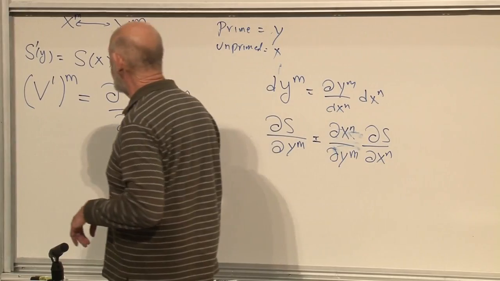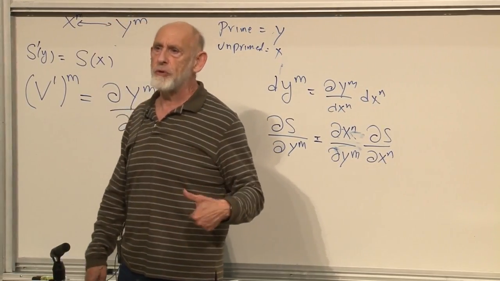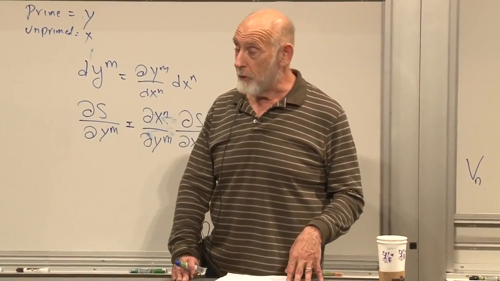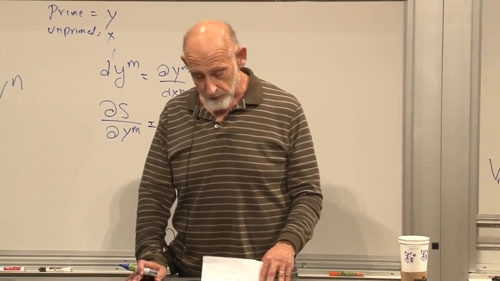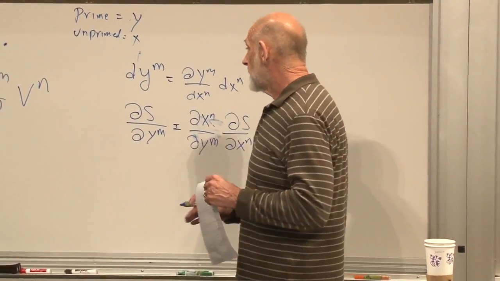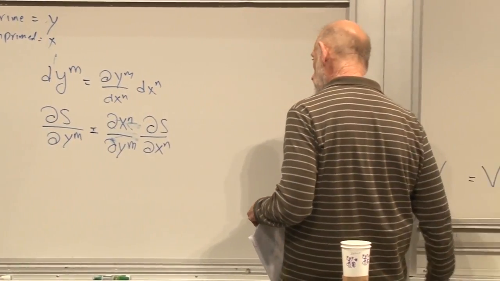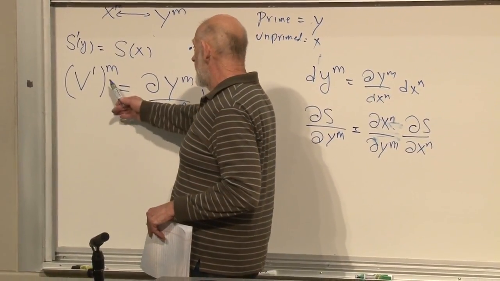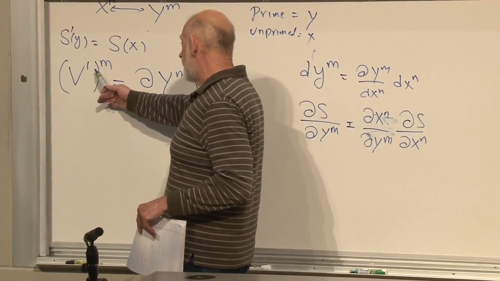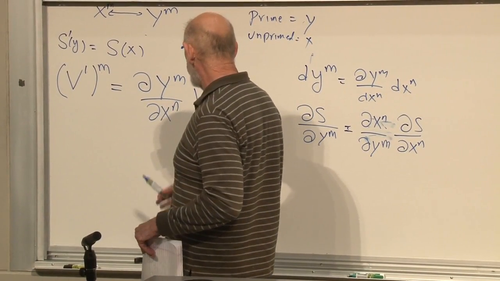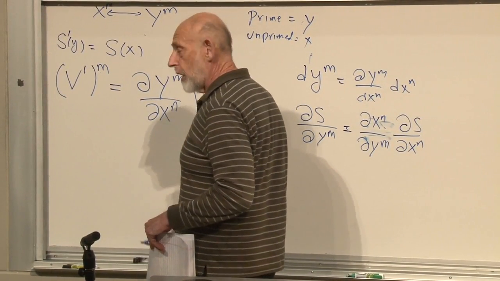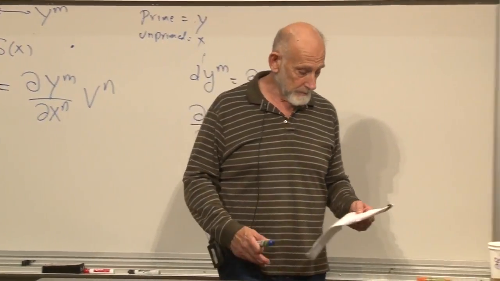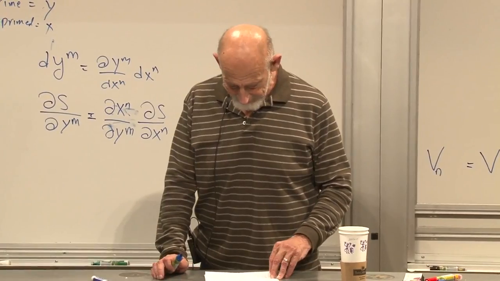V could, for example, be a velocity, in which case it would be a length per unit time. Or it could be a force, components of a force, in which case it wouldn't be those, but units have to match. So in here we have, for example, this could be a force on the right, a force on the left, and a y and a dy/dx, which is dimensionless. Perhaps they're both measured, let's say, in meters.